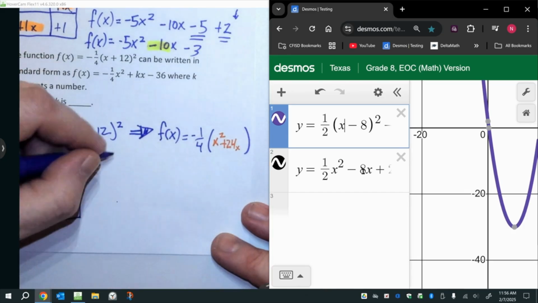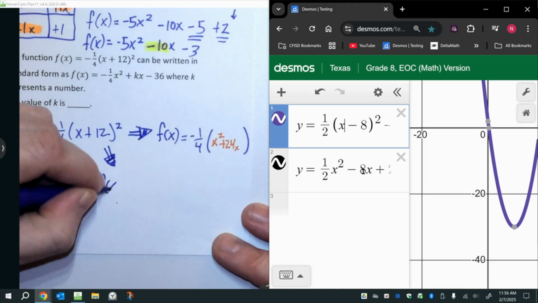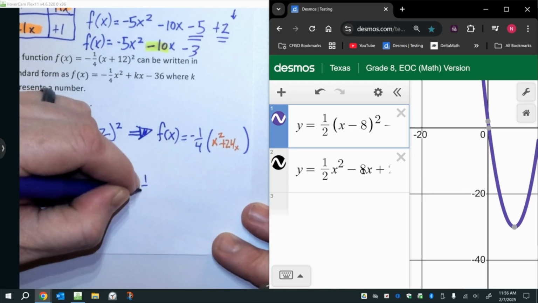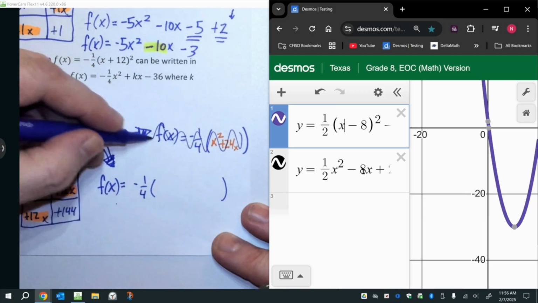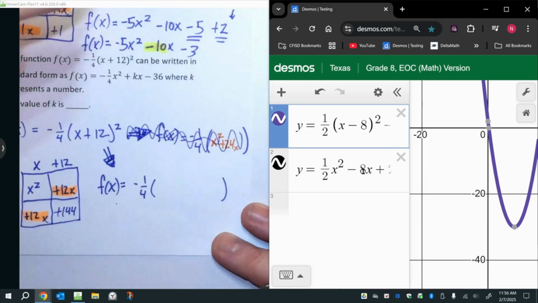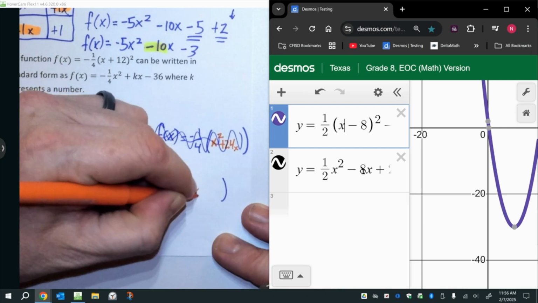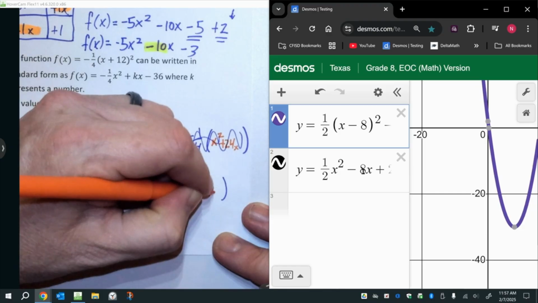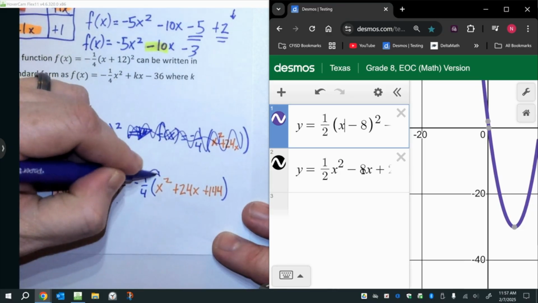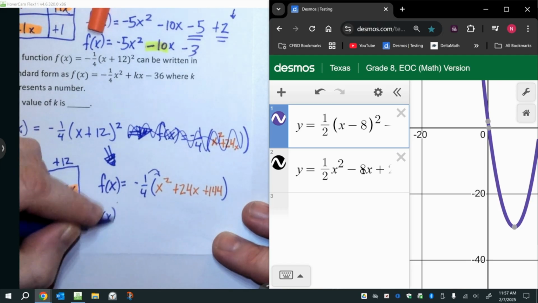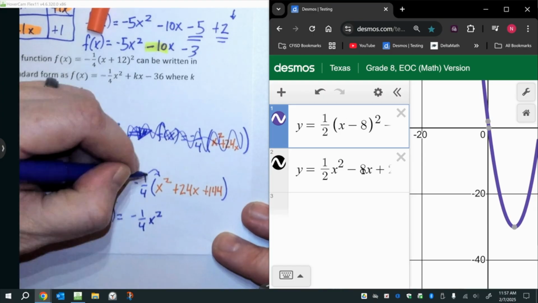Hold on, let me rewrite this. I should have written this down here again as well. f of x equals -1/4 times (x squared plus 24x plus 144). And so now we will distribute. -1/4 x squared.